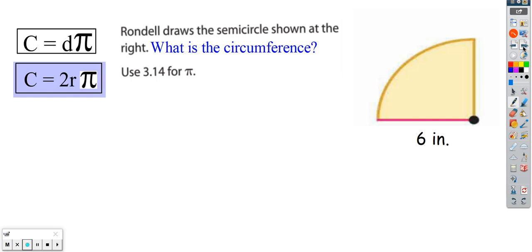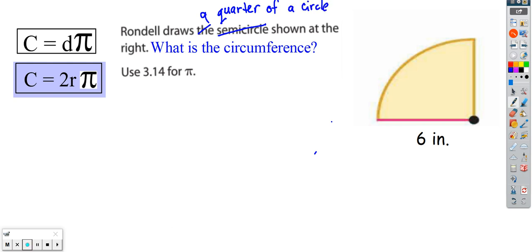All right, now they give us this much of a circle. It says he draws a semicircle. Let's cross that out. He draws a quarter of a circle. So Rondell draws a quarter of a circle.